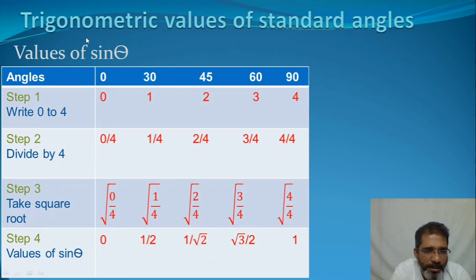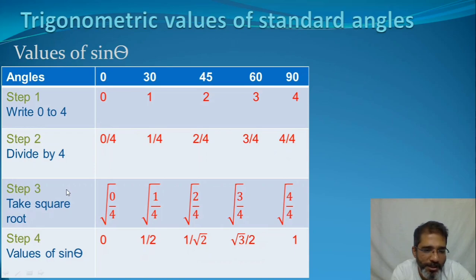So in this table we are going to find all the values of sine. The first step is we are writing numbers from 0 to 4: 0, 1, 2, 3, 4. The second step, each number we are dividing by 4: 0 by 4, 1 by 4, 2 by 4, 3 by 4 and 4 by 4.